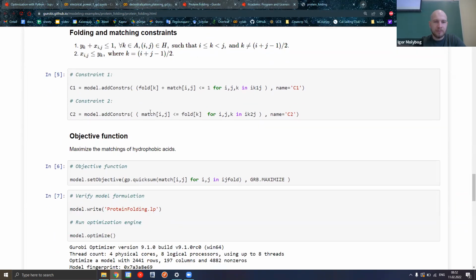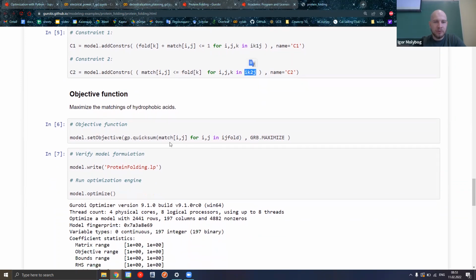It's all right. So we put down the constraints using the two lists that we have previously crafted for them. And we put down the objective function using the ijfold list that we have crafted as well, the list of pairs between which we can arrange a matching by using fold.